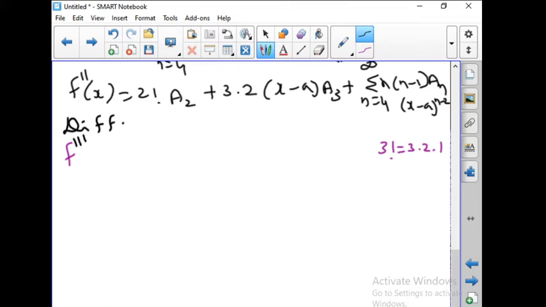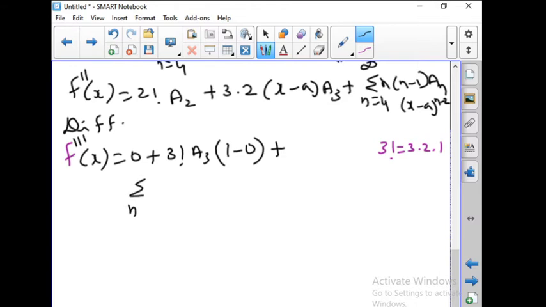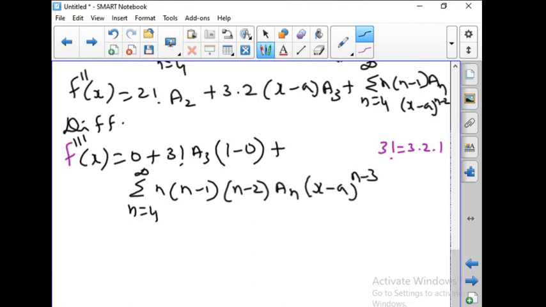we get f triple dash of x is equal to a2 to 0 ஆயிரும் plus 3 into 2 can be written as 3 factorial a3 into 1 minus 0, okay, plus sigma n is equal to 4 to infinity n into n minus 1 into n minus 2 an into x minus a the whole power n minus 3.